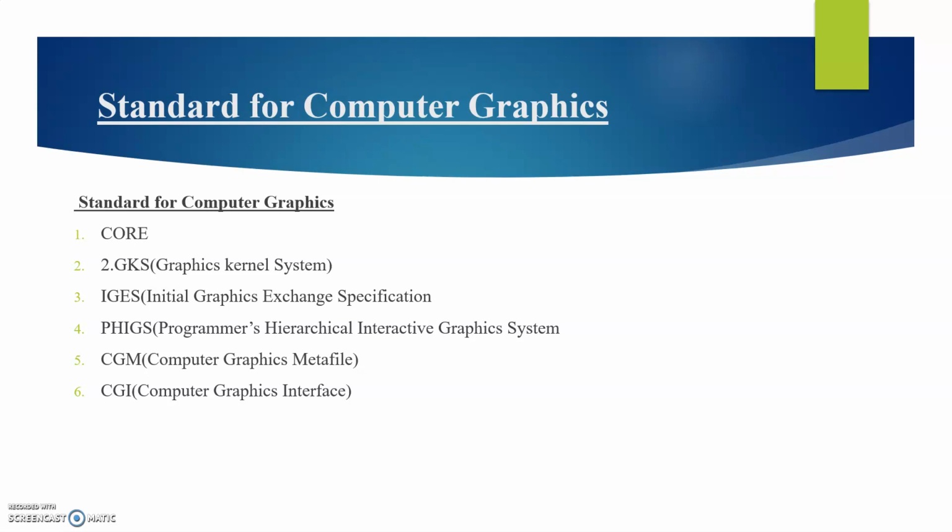Such description can be stored on or transported from one graphics device to another. Sixth is CGI, that is Computer Graphics Interface. It is designed to interface plotters to GKS or PHIGS.